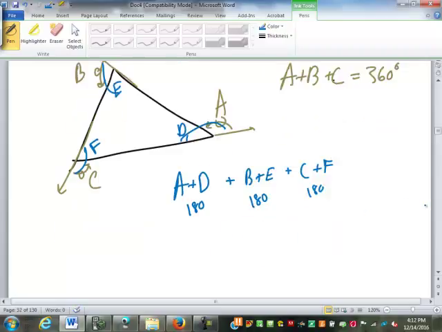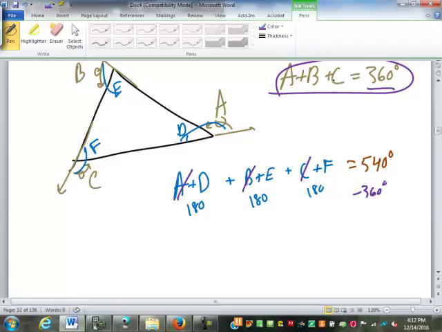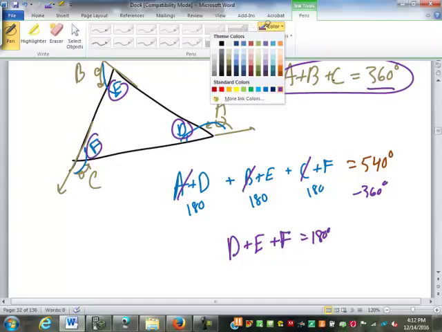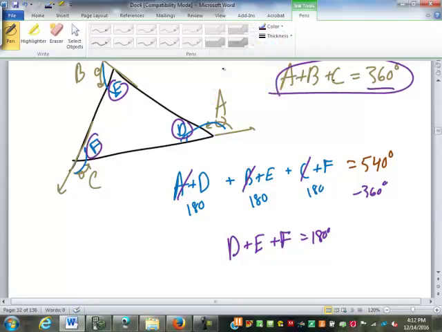So all of those have to add up to 180 plus 180 plus 180 is 540 degrees. Well, if I take out these 3 angles, A, B, and C, I've reduced it by 360 degrees. So D plus E plus F has to add up to 180 degrees. Those are my interior angles. So the 3 angles on the interior of a triangle always add up to 180 degrees.